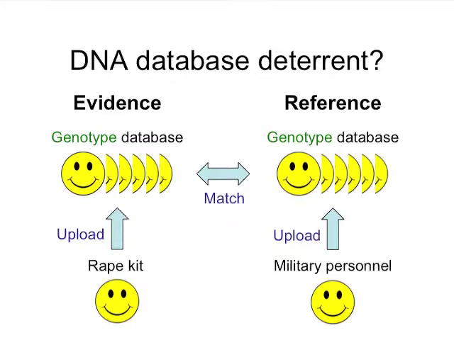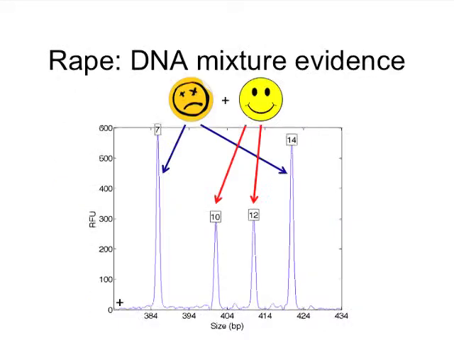Now in the bottom left, imagine that every rape kit was worked up and that the genotype from a rape kit was uploaded to a genotype evidence database. And then you had both evidence and reference, and these could be matched automatically by computer. That would be a way that you could implement this database as a deterrent.